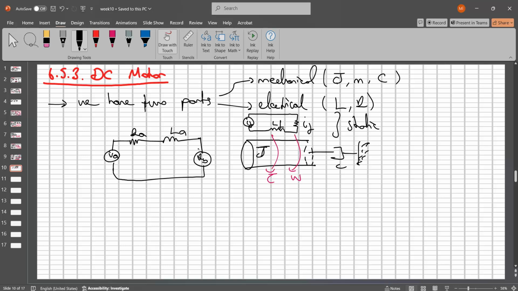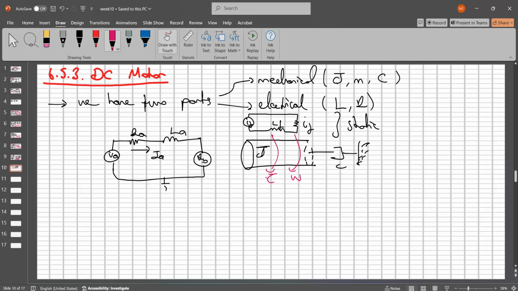This is called a DC motor. In this case we have the IA value in here, just like this one. This is the armature current, and so we can write this one.